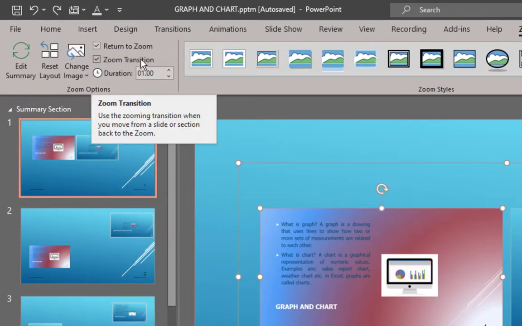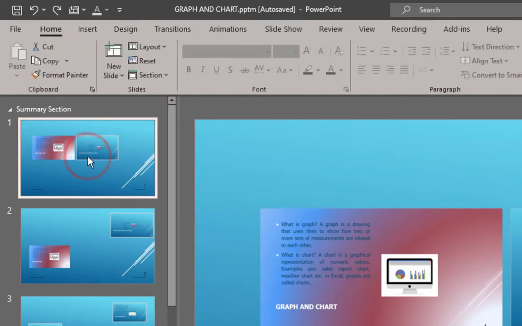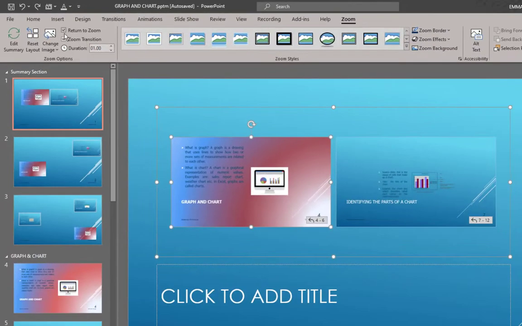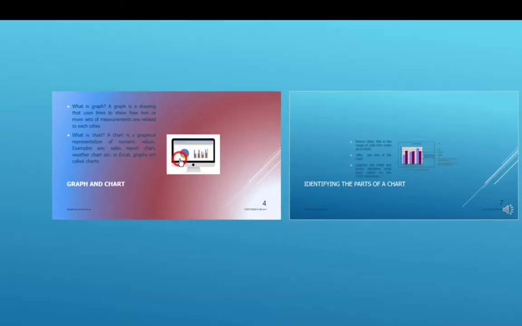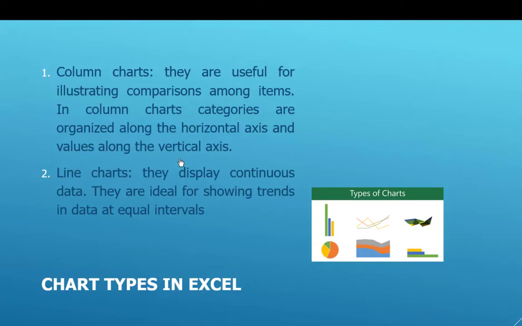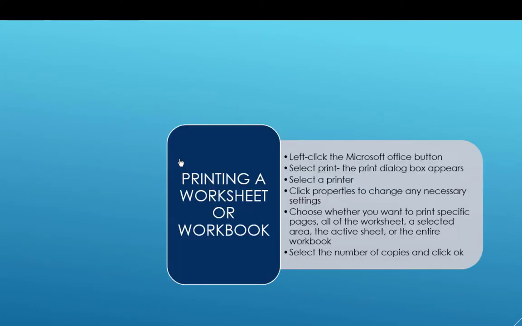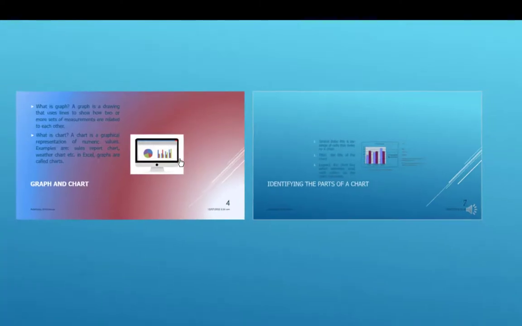Then you have zoom transition. If I go to my zoom and uncheck return to zoom, and I click on my slideshow view, after showing me all the slides under it, it's just going to automatically go to the next section.